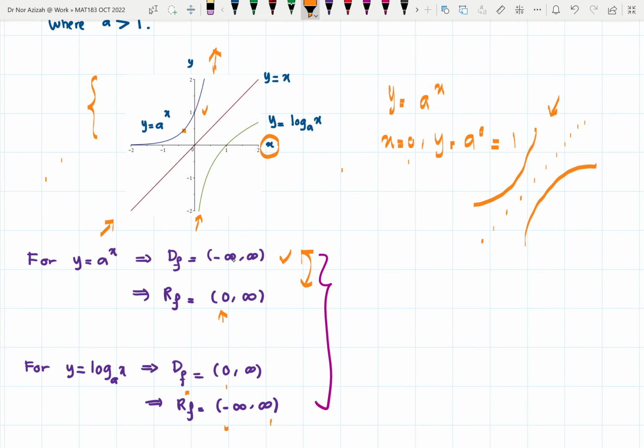X starts from 0, but 0 is not included. So x starts from here until infinity, so the domain is 0 until infinity. What is the range, or the values of y? It starts from negative infinity until positive infinity. So this is the range.